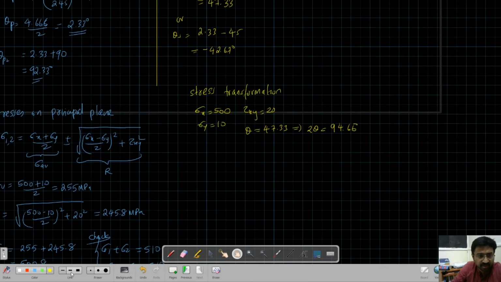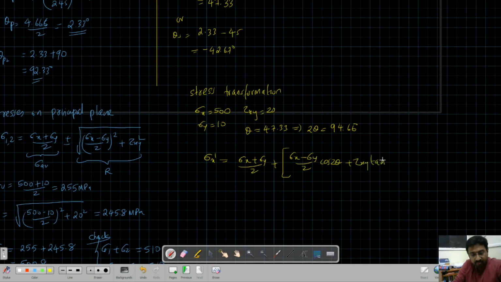For the stress transformation equations, you have to remember these equations. Sigma x dash is the stress in the theta direction. Sigma x dash is equal to sigma x plus sigma y by 2 plus sigma x minus sigma y by 2 cos 2 theta plus tau xy sin 2 theta.